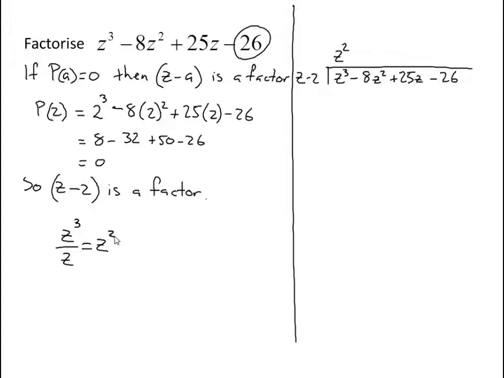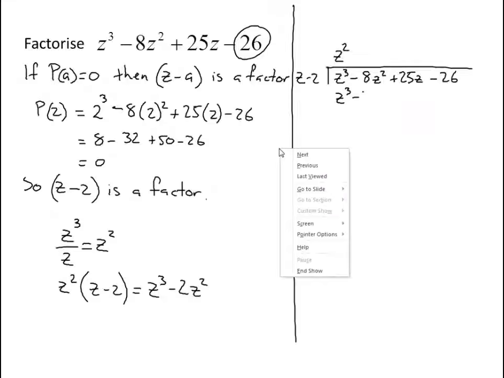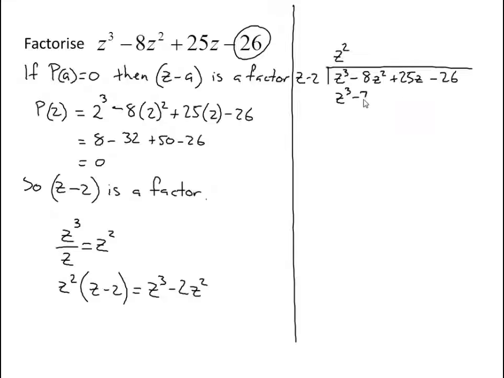Then I say, well, z squared times our factor z minus 2 gives me z cubed minus 2z squared.